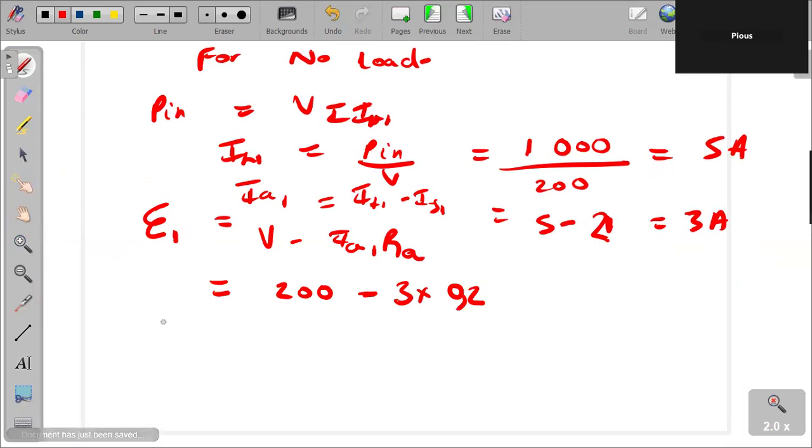But of course, we now need to apply it in the speed control of DC motors. So that's E1 there. If we punch this on the calculator, that will give us 199.4 volts. So that marks our E1.